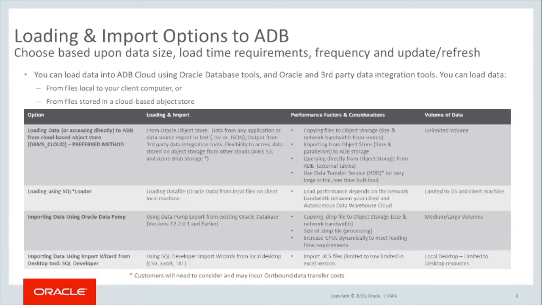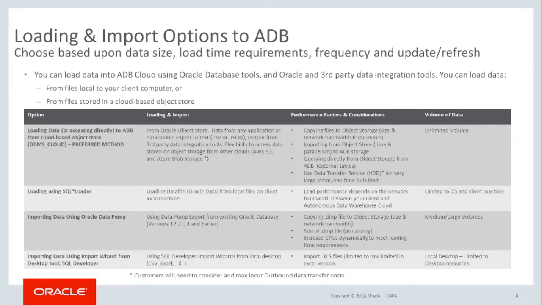SQL Loader can be used for loading data located on local client file systems into Autonomous Database. There are limits around OS and client machines when using SQL Loader. Data Pump is the best way to migrate a full or part database into ADB, including databases from previous versions.